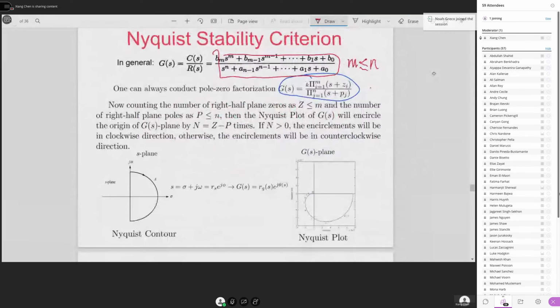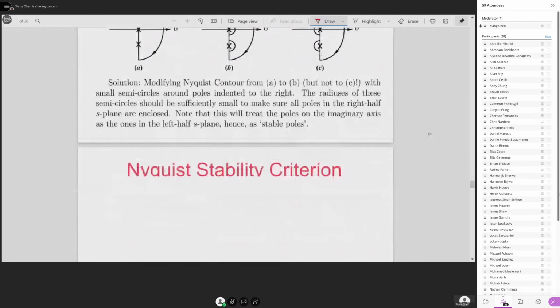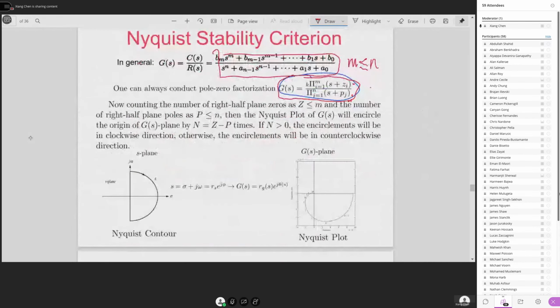Now, as long as you have the polynomial, I can always factorize my transfer function in the pole and zero format. Because the order of the numerator is m and the power of the denominator is n, apparently I'm gonna have m zeros and n poles.